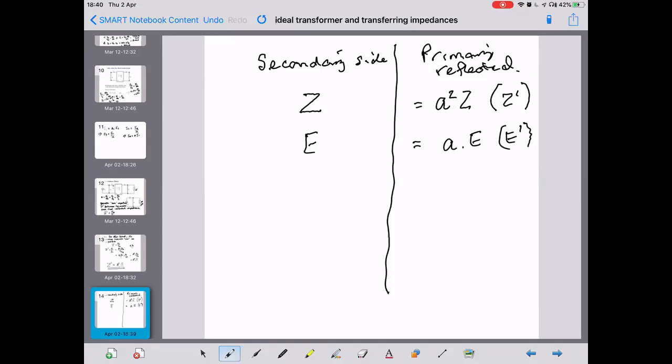And a current in the secondary, we can reflect to the primary side as I divided by A. We call that I dash. And of course, we can rearrange these formulae if we want to transfer back from the primary side to the secondary side.